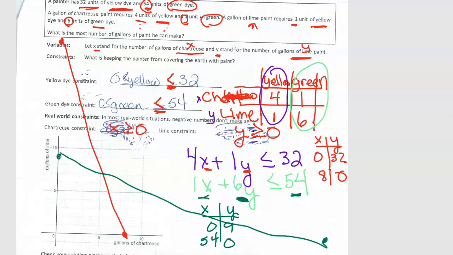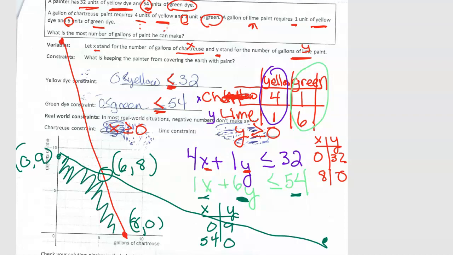Okay. Now the important thing is, what is that point right there? If you use Desmos and get a little more exact, you should get 6, 8 for that point. This one is 0, 9, and this one is 8, 0. So now I've got my extremes, and remember, everything has to be less than both of these, so that would be this part right here. So those are my extreme points.